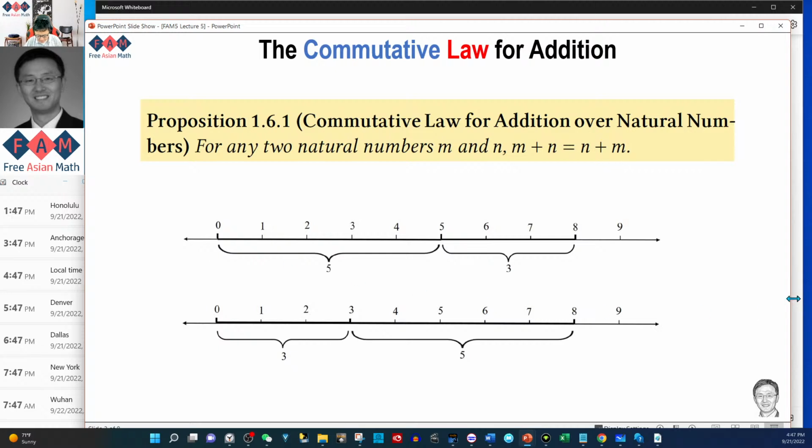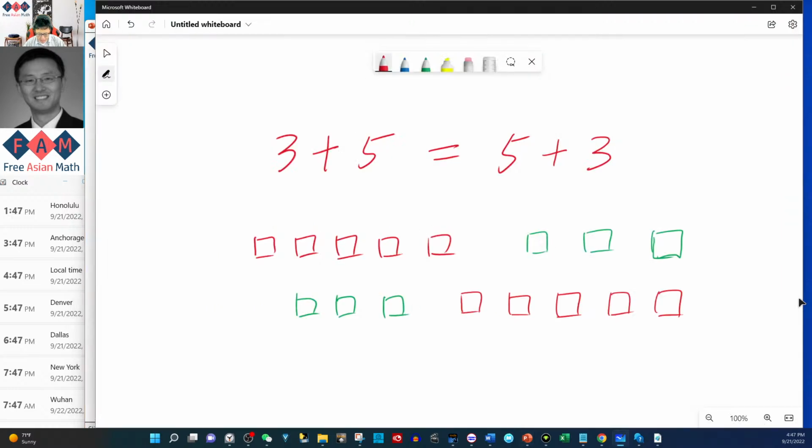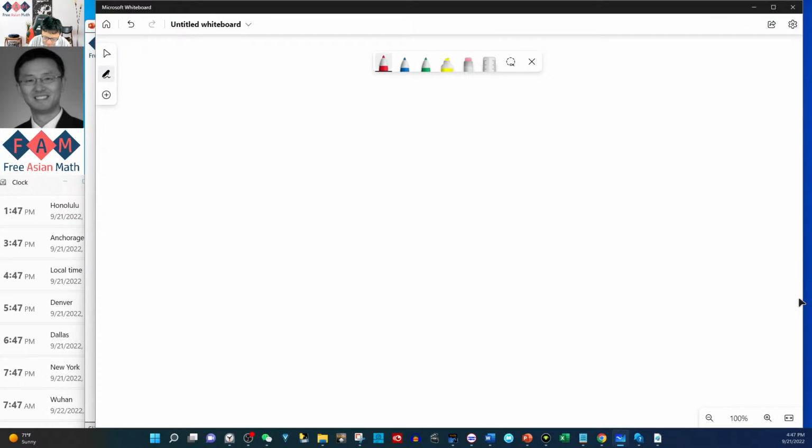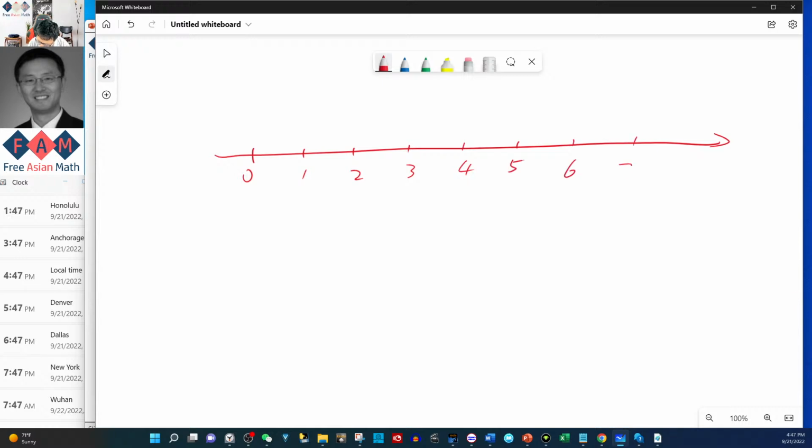Okay, so look at this. We have 3 plus 5. Then on the number line, we have 0, 1, 2, 3, 4, 5, 6, 7, 8. Remember how we mark those numbers.